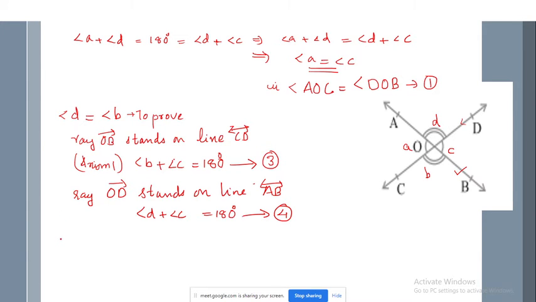So now from equation 3 and 4, what are we getting? Equating, so angle B plus angle C is equal to angle D plus angle C, which is equal to 180 degrees, right?